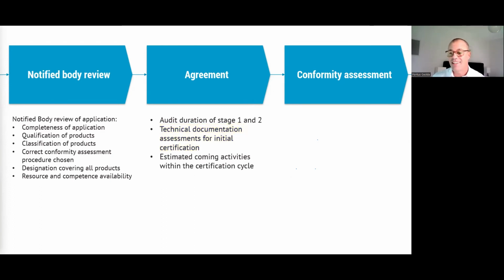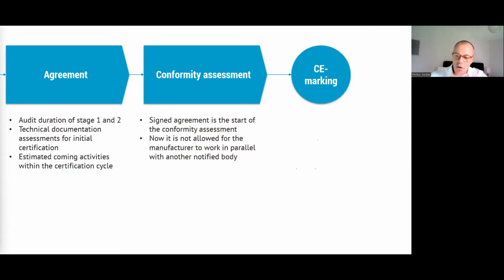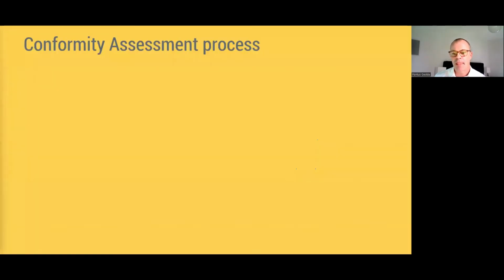So, as you might understand, it takes quite a bit of knowledge and understanding about the manufacturer and the products from the notified body's side, and of course, time to set up this proposal and the agreement. Then, when all this finally is in place and both the manufacturer and the notified body have signed the agreement, the actual conformity assessment can start.